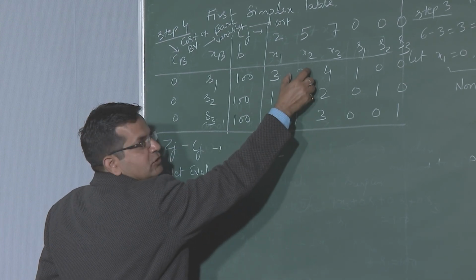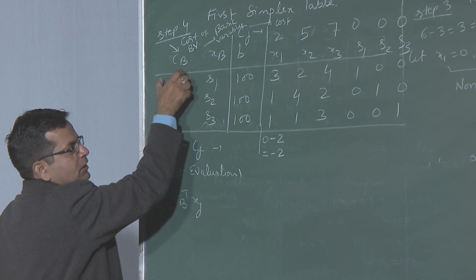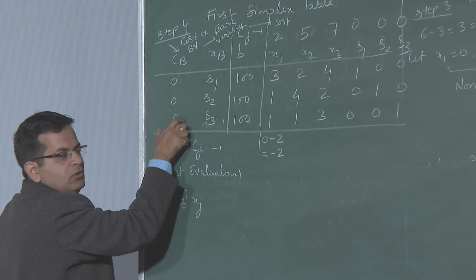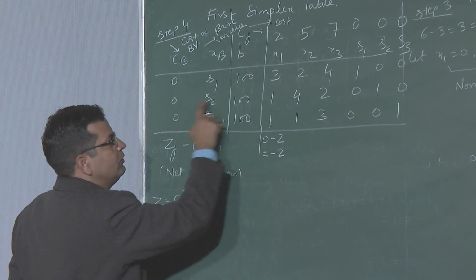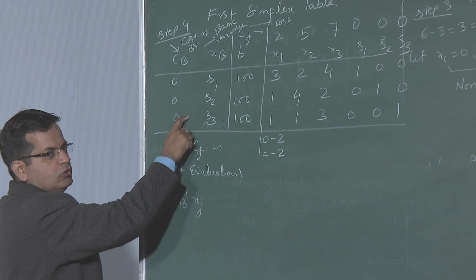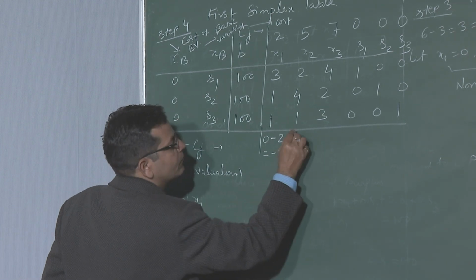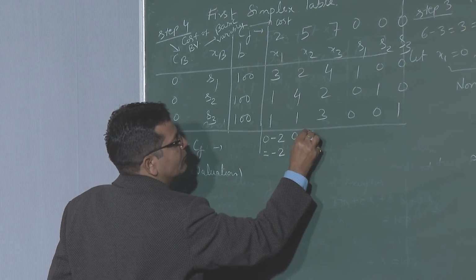Then corresponding to x2 we again multiply the column with the transpose of Cb. So, we have 2 into 0, that is 0, plus 4 into 0, that is 0, plus 1 into 0, that is 0. So, total Zj is 0 minus Cj, where Cj is 5.